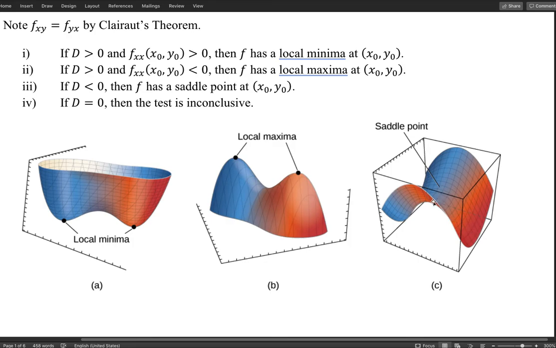So if you look at the direction where the parabola opens upward, it looks like we have a minimum. But in the other direction, where the parabola opens downward, it looks like we may have a maximum, the point on the top. But overall, a point on the surface cannot be sometimes a maximum and sometimes a minimum. Based on this observation, we have a saddle point. This is a saddle-shaped surface, and in the center there's a saddle point.